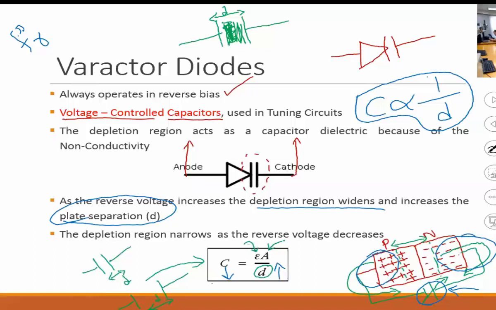If the depletion region narrows, the distance decreases, and the capacitance will increase. Right? That's the behavior of the varactor diode. So good, that's another special type of diode that does exist.